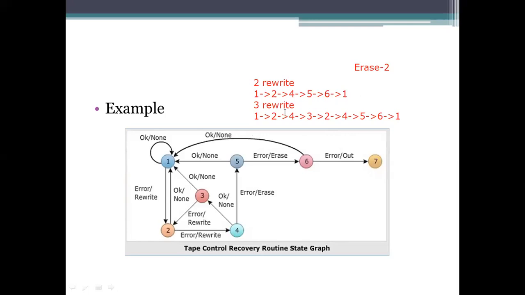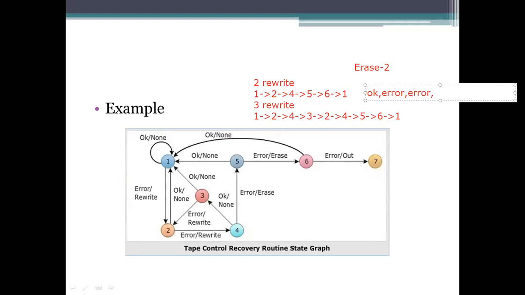So here, to process this sequence, we need to pass the input values. So what are the input values we have here? Okay and error. So what are the values I need to process? It is okay, comma, error, comma, 2 to 4 is also error.